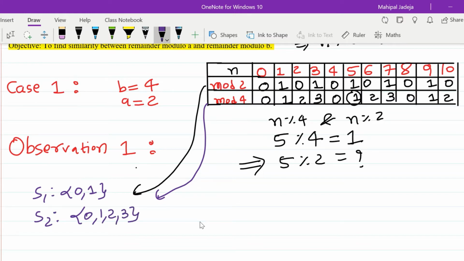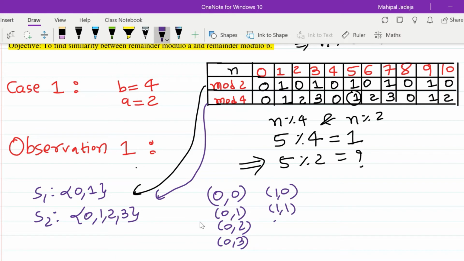If I consider all possible pairs of remainders, I will get 2 into 4, which is 8 pairs: 0,0; 0,1; 0,2; 0,3; and similarly 1,0; 1,1; 1,2; and 1,3.